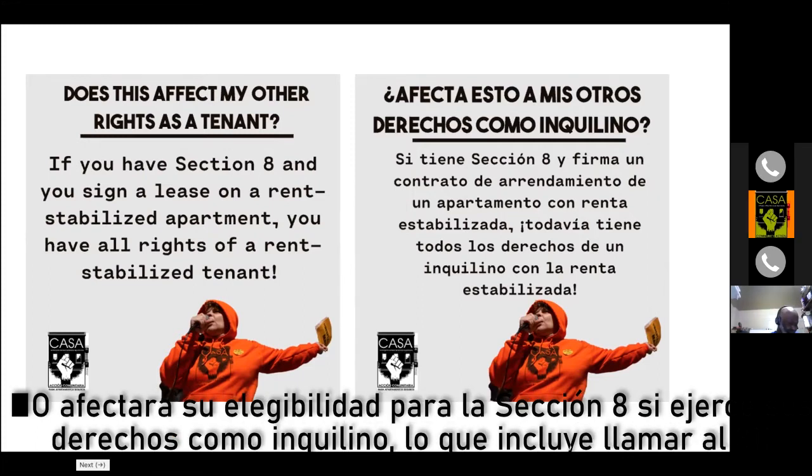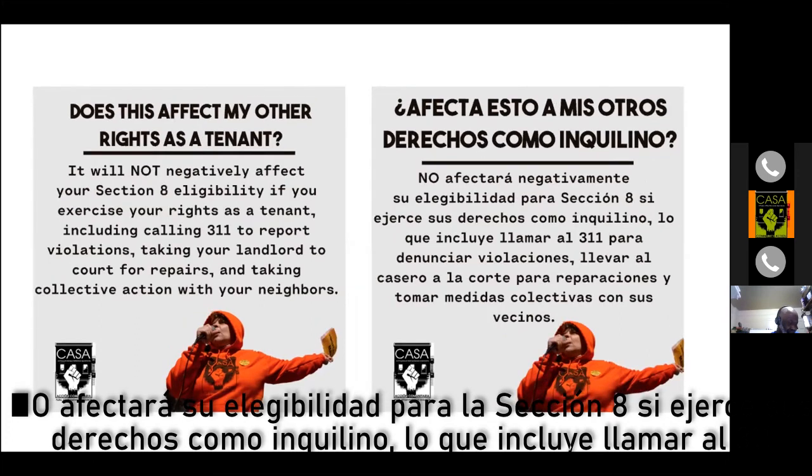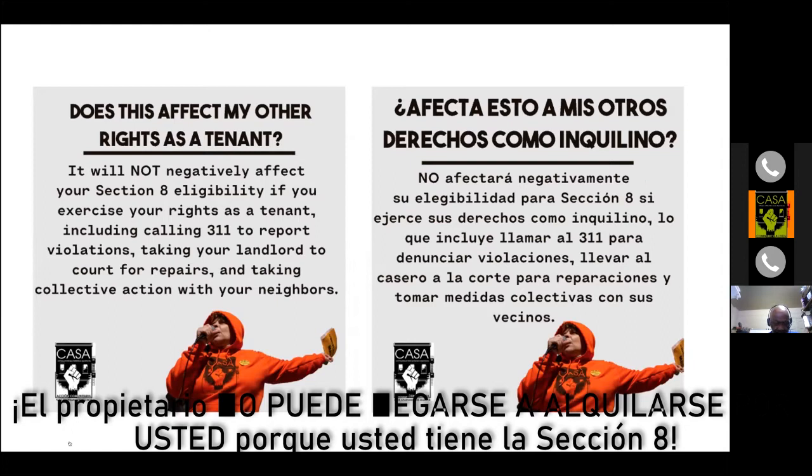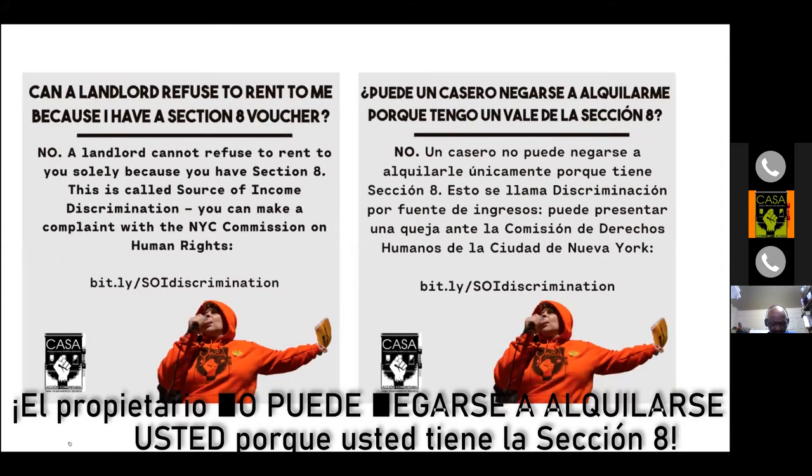It will not affect your eligibility for Section 8 if you exercise your rights as a tenant, including calling 311 to report violations, taking your landlord to court for repairs, and taking collective action with your neighbors. A landlord cannot refuse to rent to you because you have Section 8.